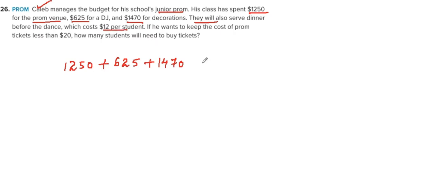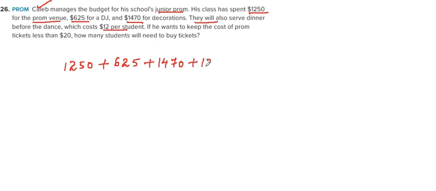Caleb manages the budget for his school junior prom. His class has spent 1,250 for the prom venue, 625 for the DJ, and 1,470 for decoration. They will also serve dinner before the dance, which costs 12 per student.